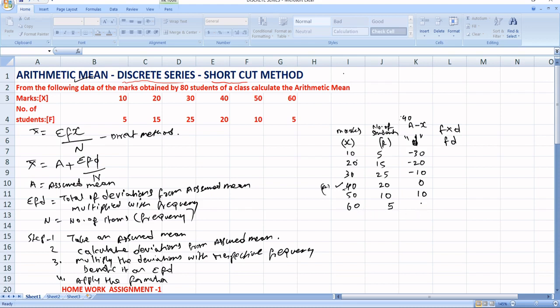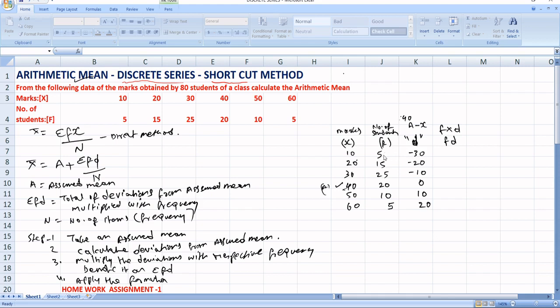And 60 is more than 40, and the deviation, the difference between 40 and 60, is 20. My dear students, here the minuses are very, very important.